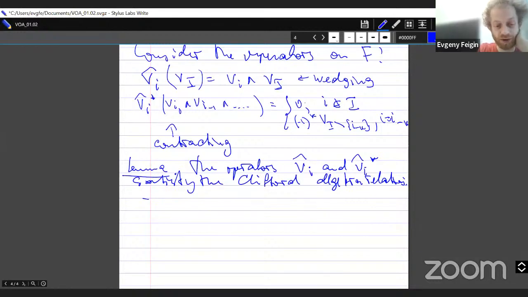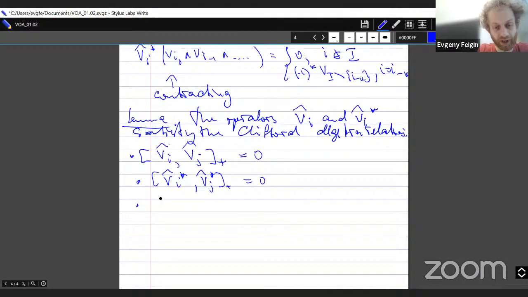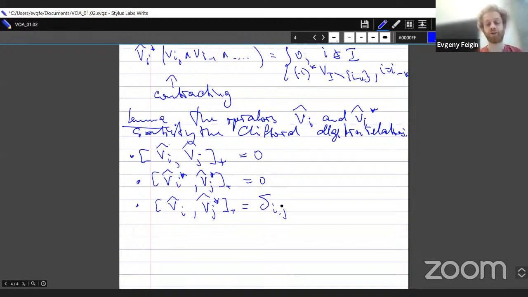You take v_i hat and v_j hat and the anticommutator, meaning that you take the product in one order and sum it with the product in the other order, and it equals 0. Then the same for v_i hat star and v_j hat star is also 0, and finally the anticommutator of v_i hat and v_j hat star is delta_ij.